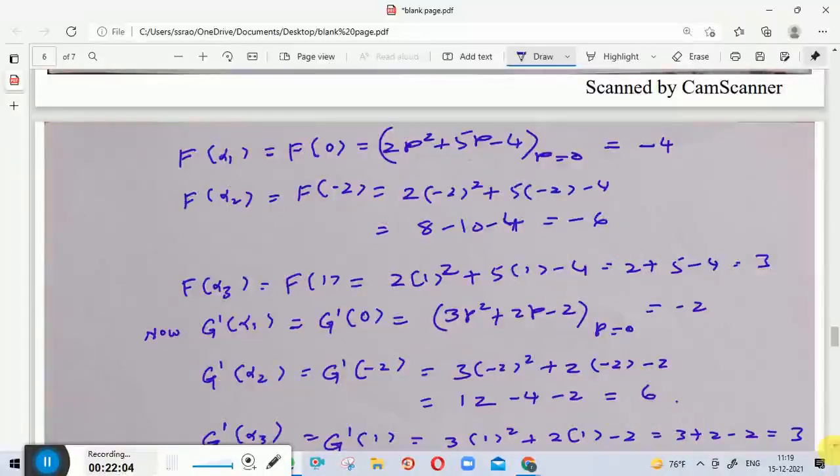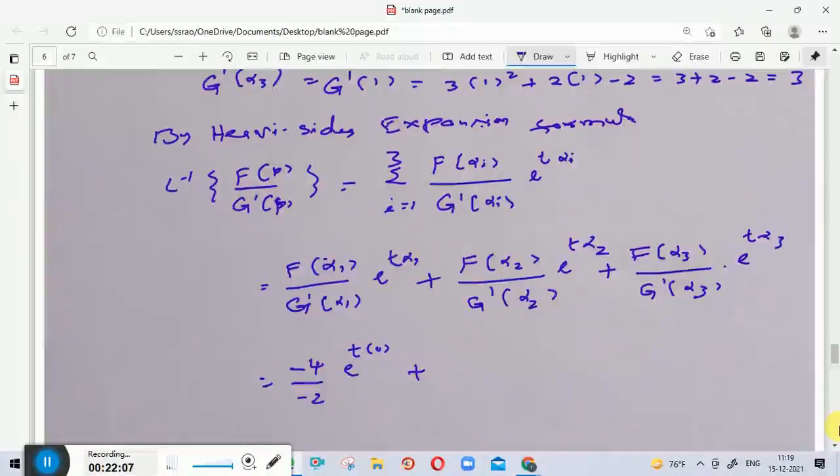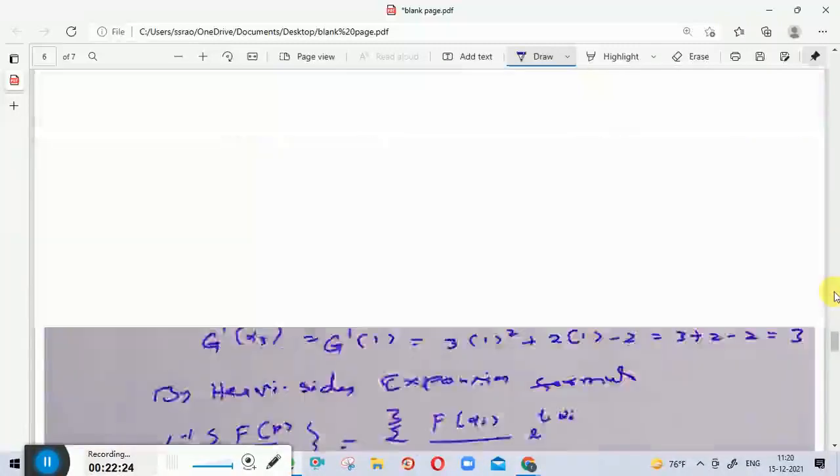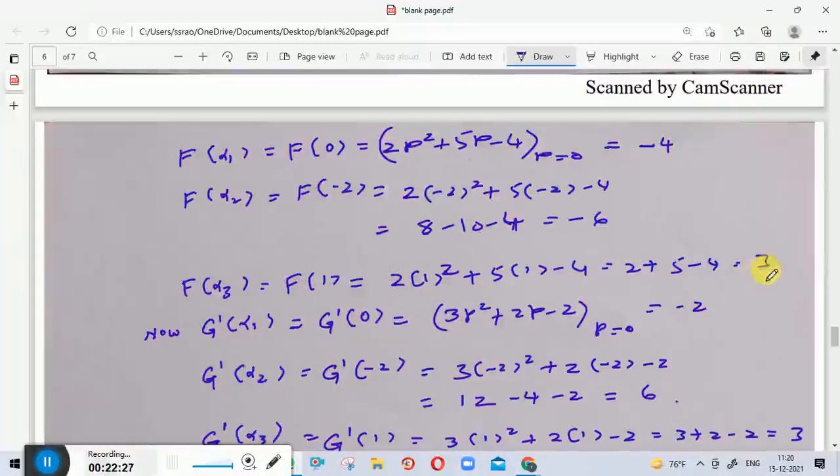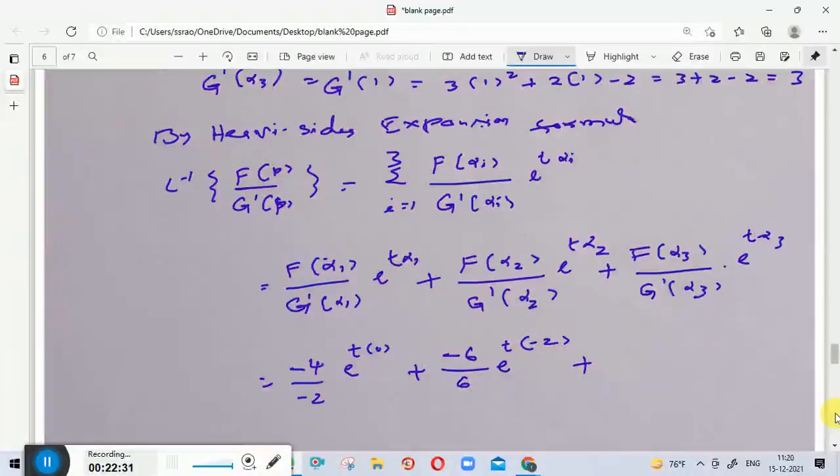That is minus 6 by 6. e power t into alpha 2 is minus 2 here. Next, f of alpha 3 by g dash of alpha 3, 3 by 3, e power t into 1.